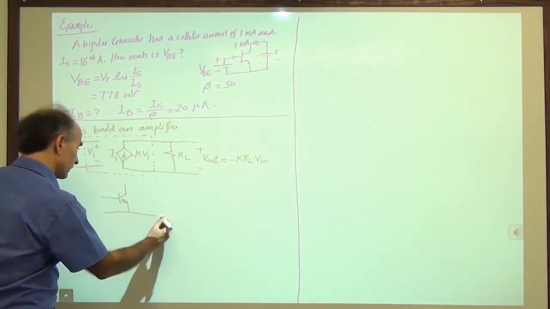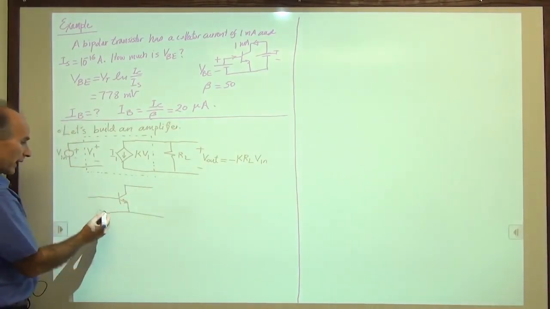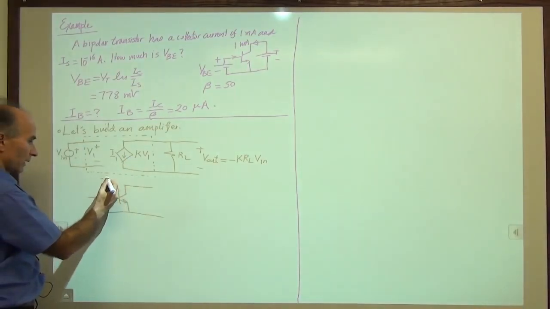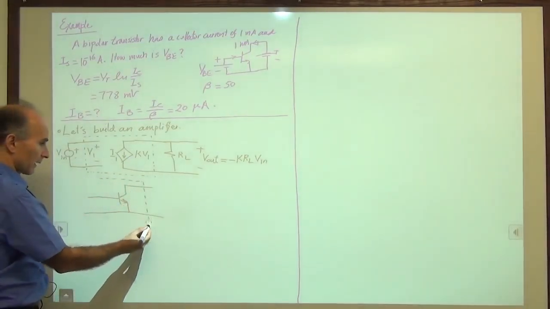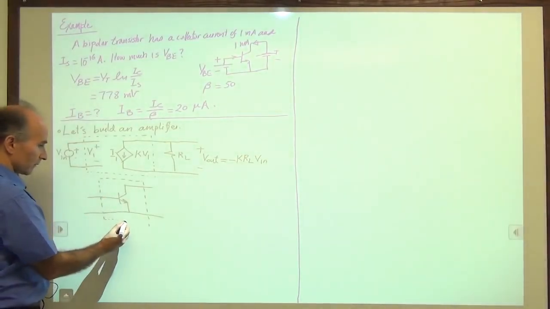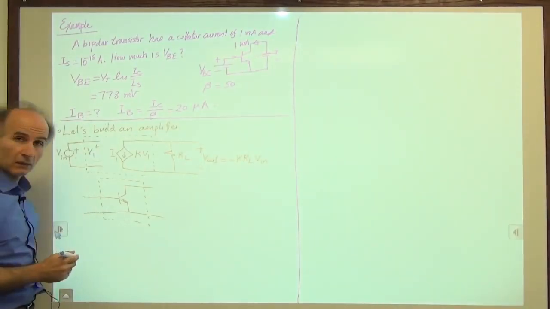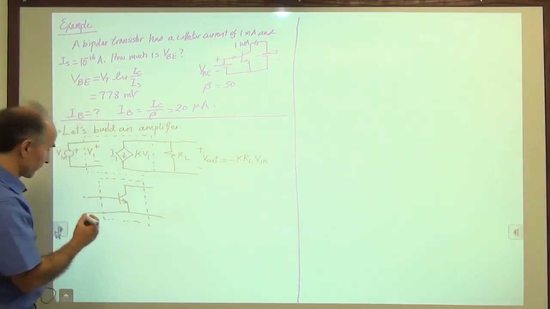So let's do this. Here's our voltage-dependent current source. Again, I'll draw a box around it so that you can see the correspondence. And then I apply my signal. So I will draw a microphone, assuming that the microphone is applied to the amplifier.